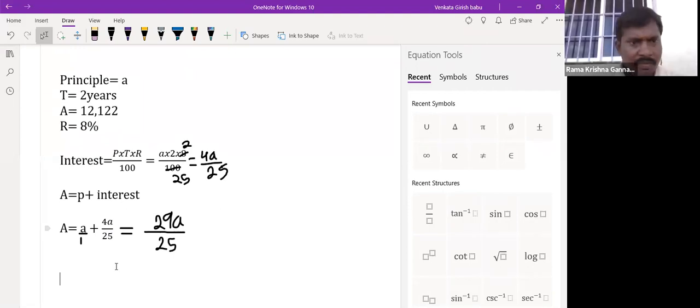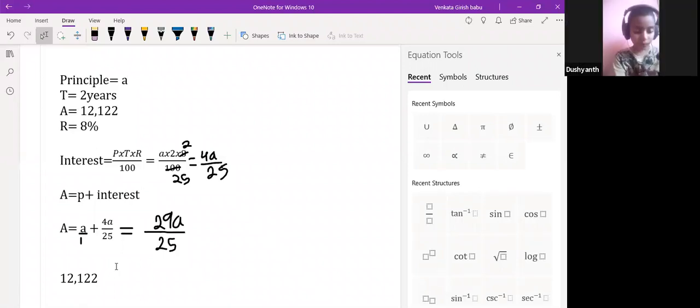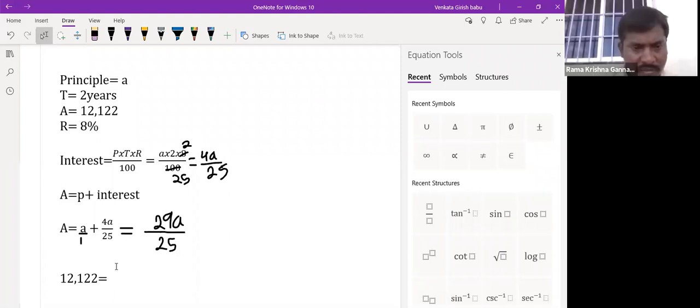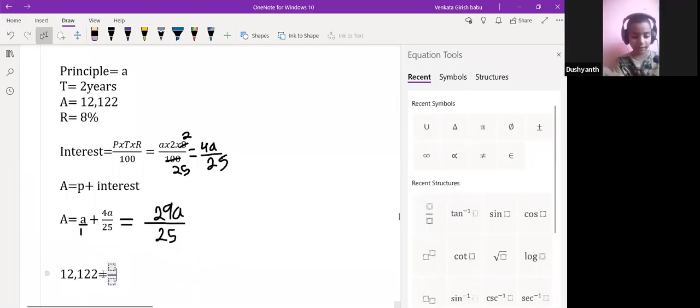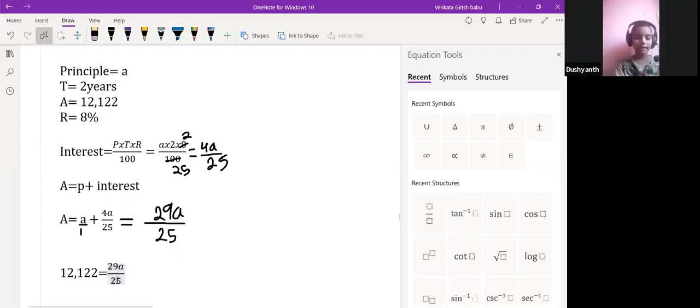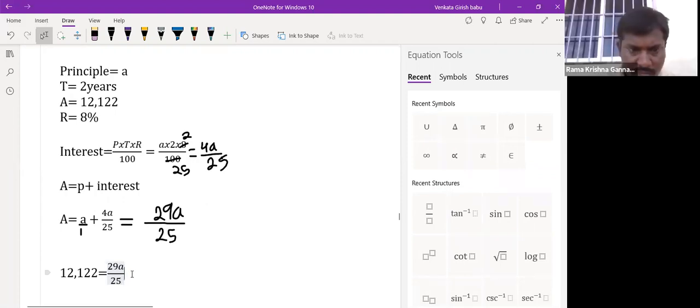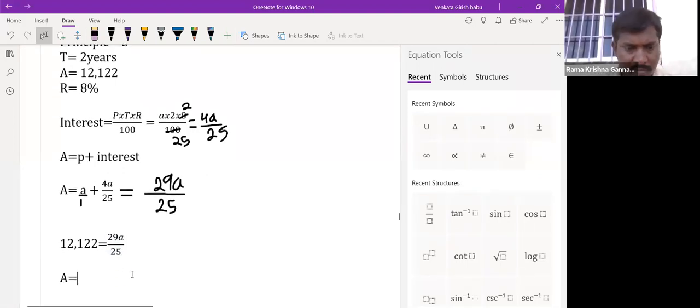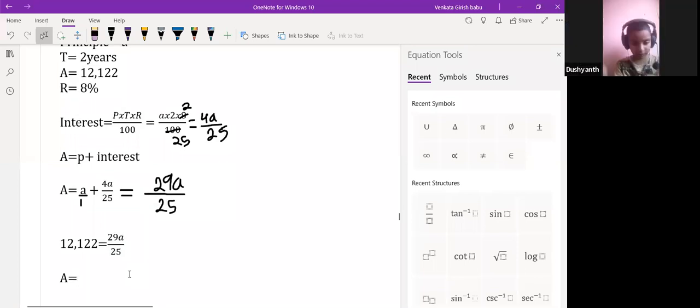Next, what is the amount given? The amount is 12,122. So 29A by 25 equals 12,122. What is the A value? A means the principal value.